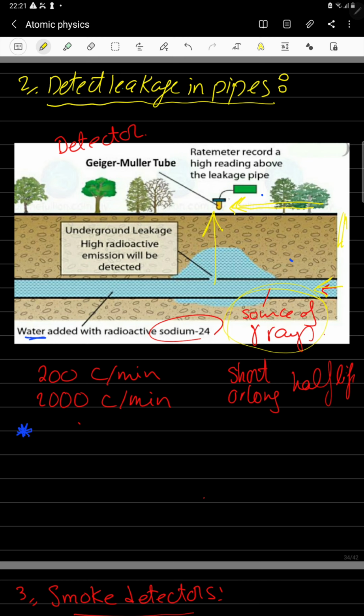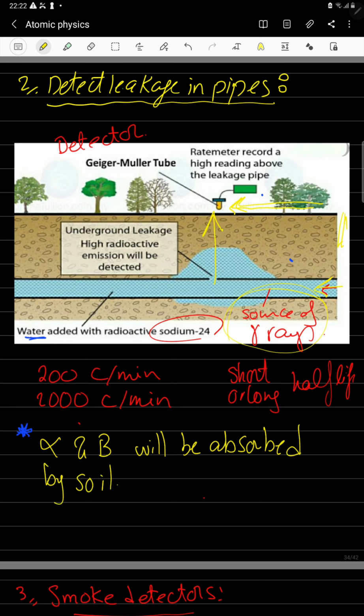If suddenly the number of counts reaches 2000 counts per minute, it means that there is a leakage in this position. Of course, the gamma rays are the most suitable for use because they will not be absorbed by the soil. Alpha and beta will be absorbed by the soil and they will not reach the detector. Okay, and so the correct radioactive isotope is the gamma.